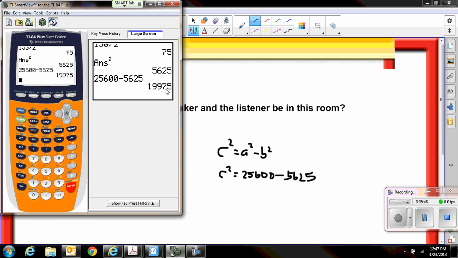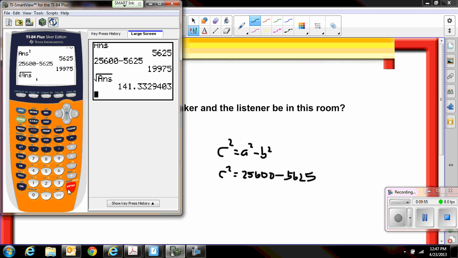Now, keep in mind this number is c squared. So to find c, I need to take the square root of that number, which gives me 141.3.